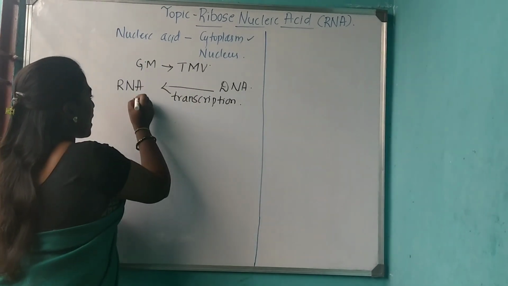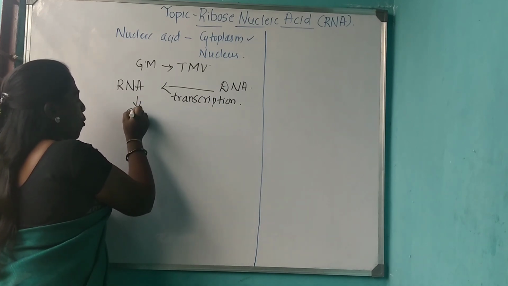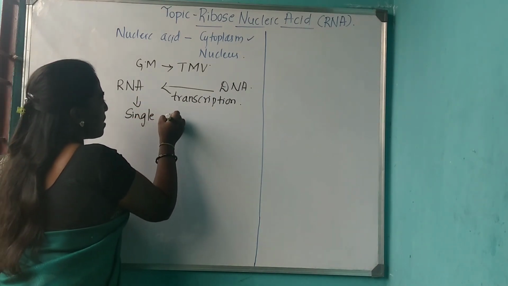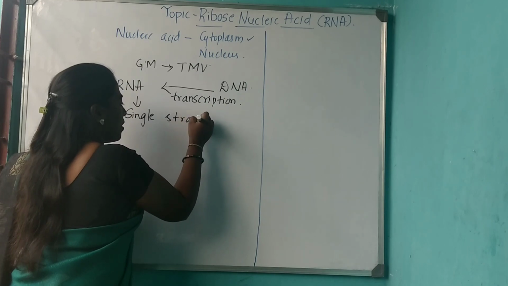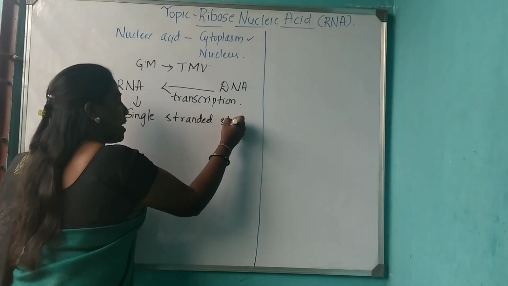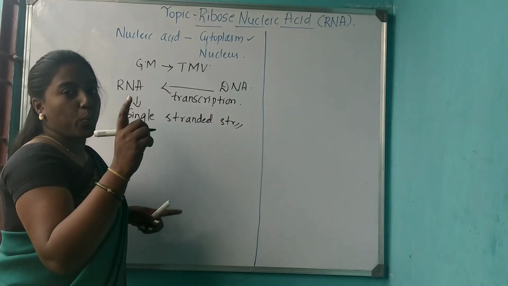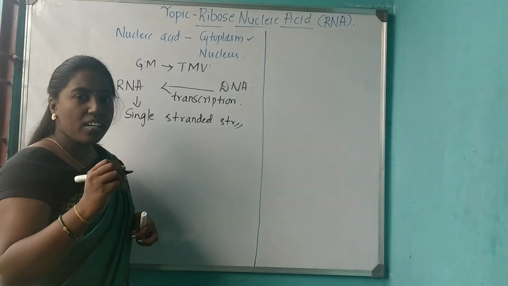Structurally, RNAs are single-stranded. The RNA is made up of only one polynucleotide chain. They are single-stranded structures, made up of only one polynucleotide chain.